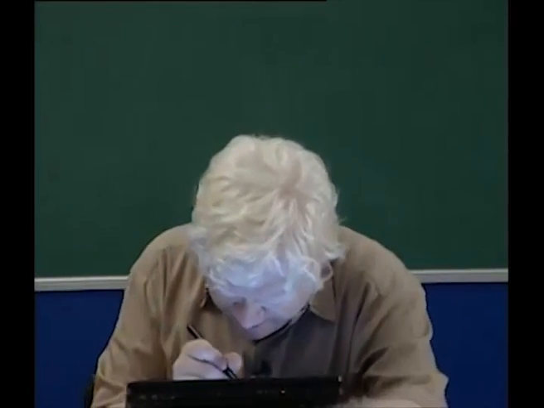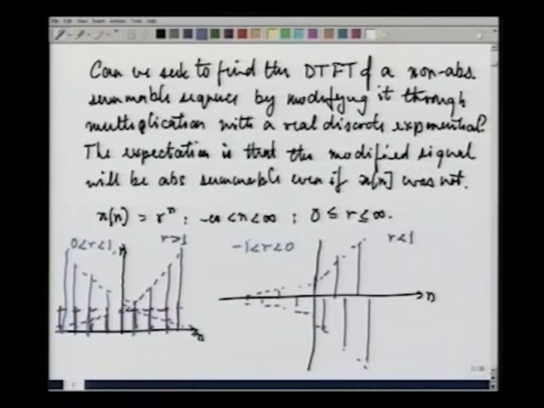So, you get an upper and a lower envelope like this. That is what you get. But both these, as you see, are alternating.